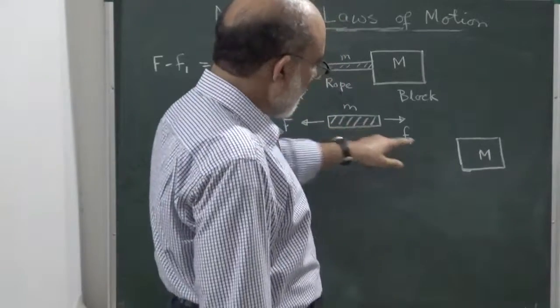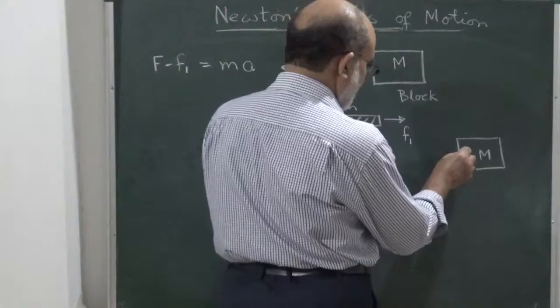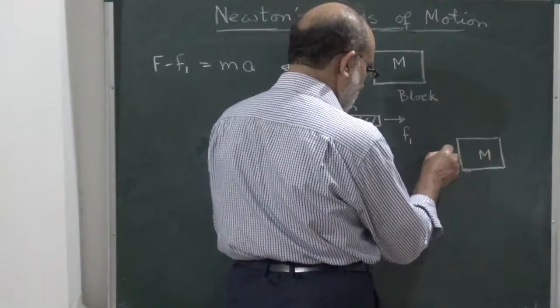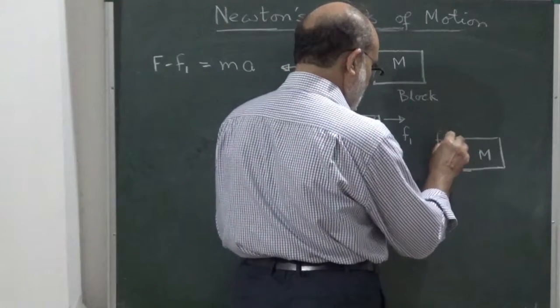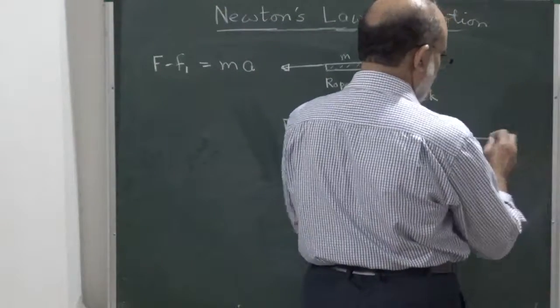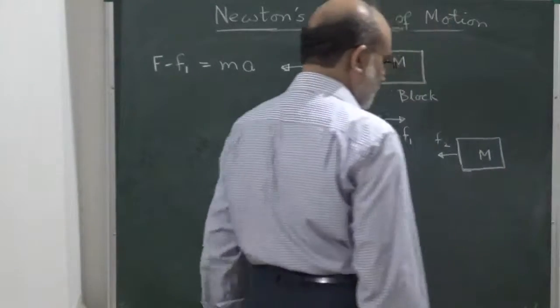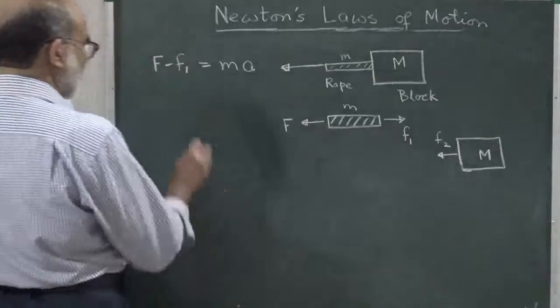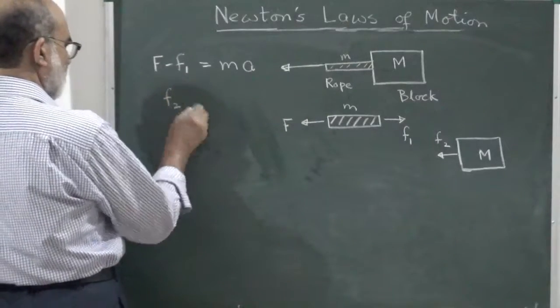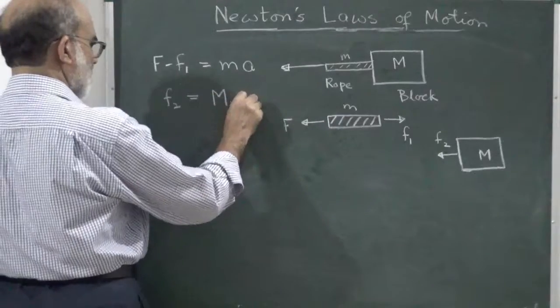So this rope acts as a surrounding, and let this surrounding act on this block with a certain force, say F2, and there is no other surrounding here which may apply such a force. So this F2, according to Newton's law, will produce an acceleration.